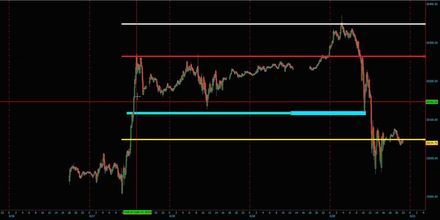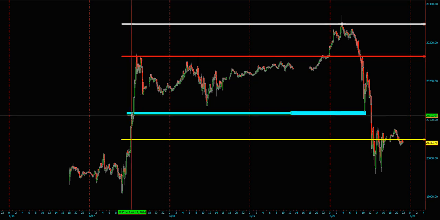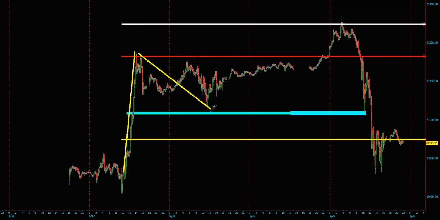If you take this run-up, this is your 50% of that run-up. This whole idea of run-up and pullback is happening at the 50 or 61 area.